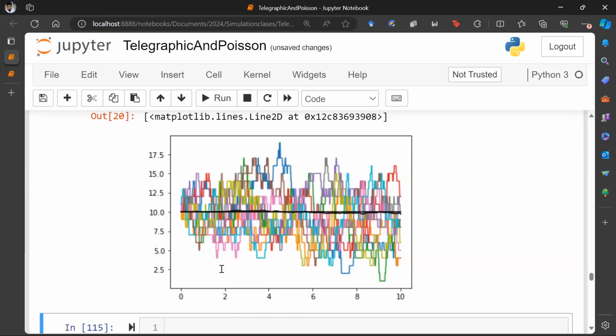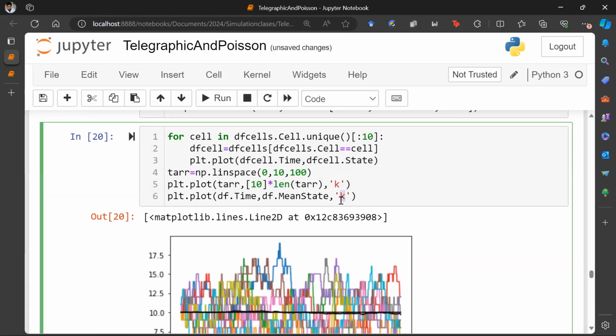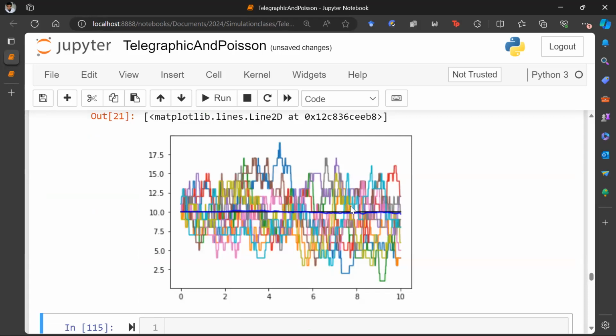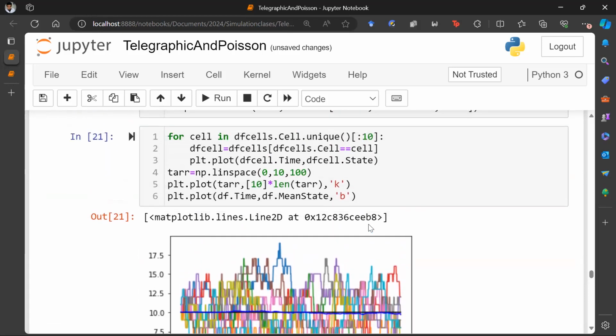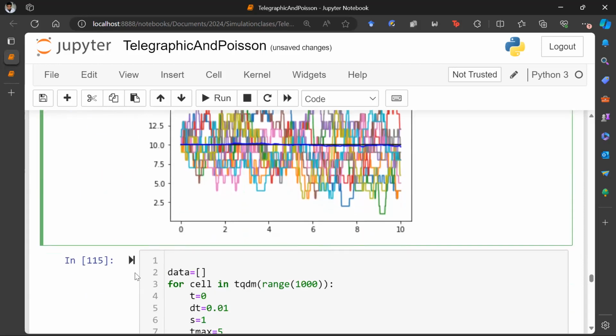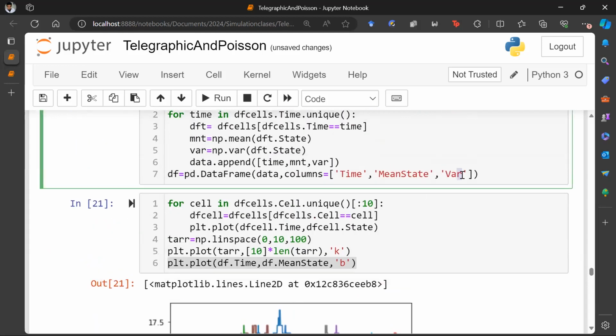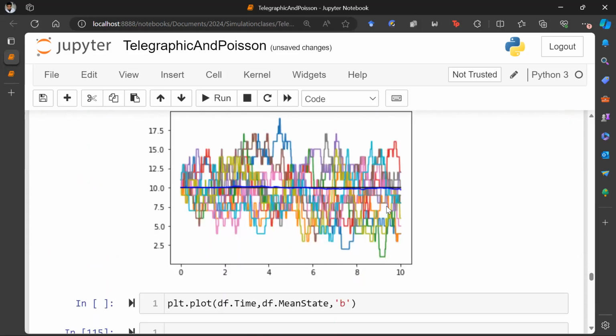One way for checking that your code is correct is to always compare the results with a theoretical result that you know. You can use here, I don't know, blue. They match kind of perfectly, and I can also plot the variance. If you compare the moments of your simulation with something that you already know, it's the best way to check that your simulation is correct.